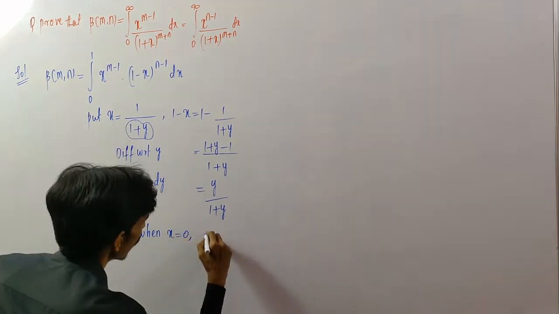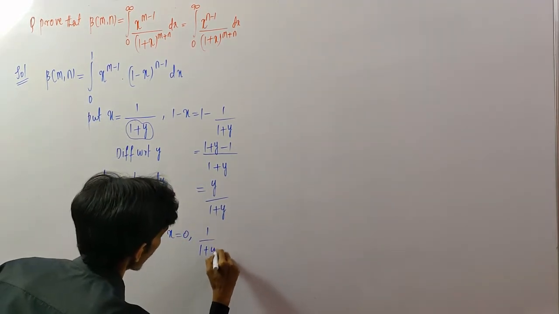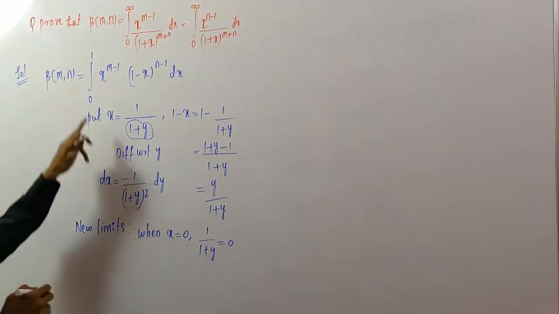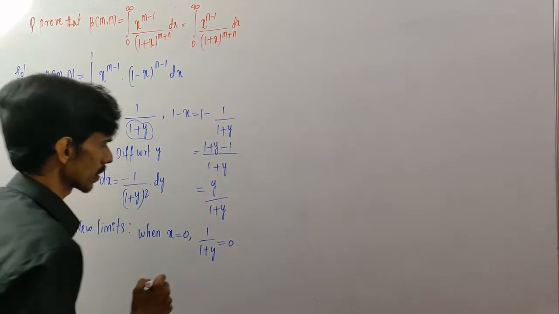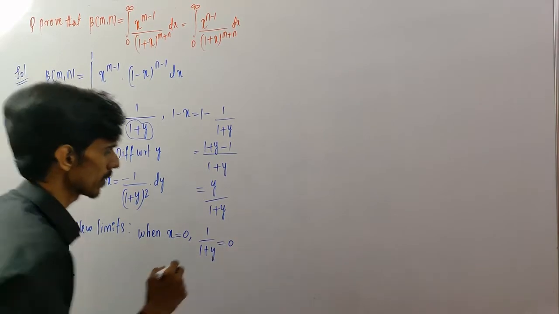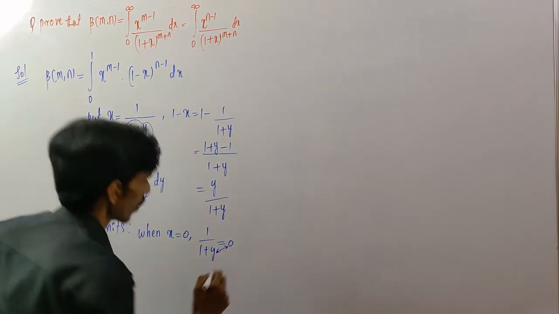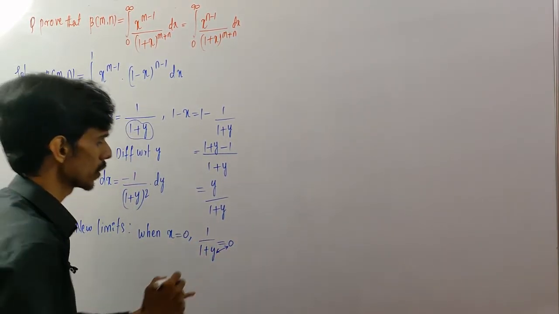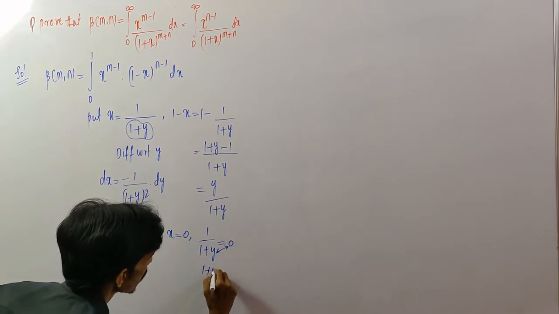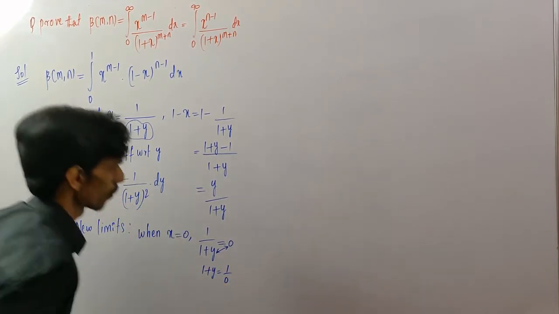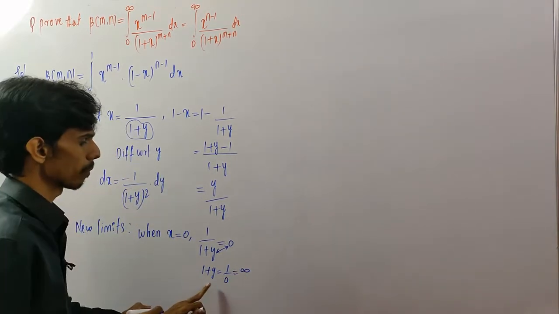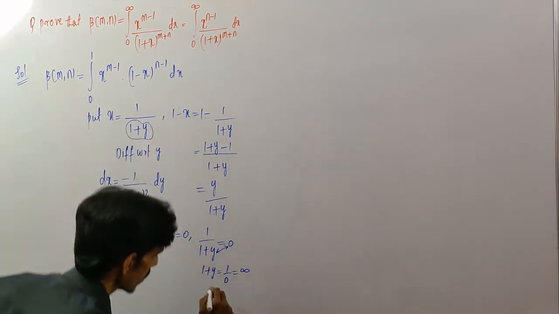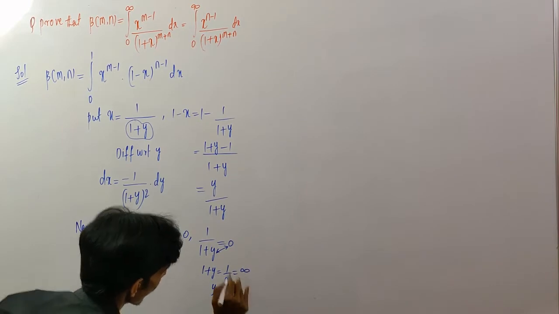Then we have 1 by 1 plus y is 0. Now cross multiply, we have 1 by 0 is 1 plus y. The value of 1 by 0 is infinite. So 1 plus y is infinite, which means y is infinite.